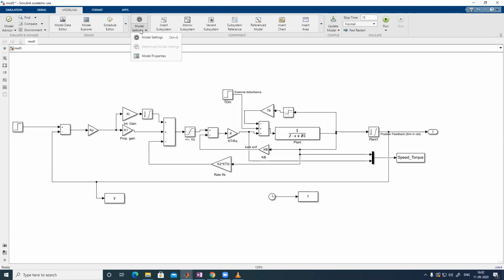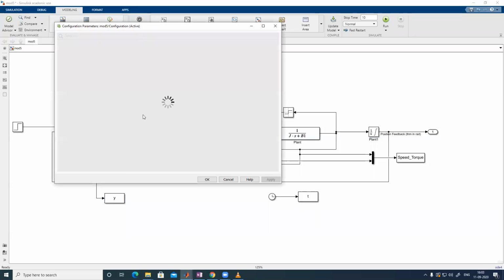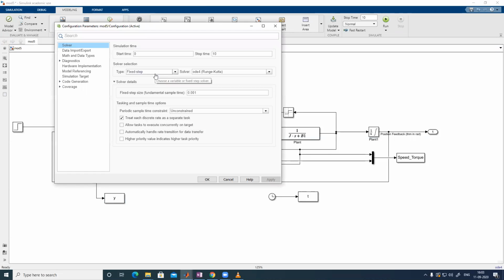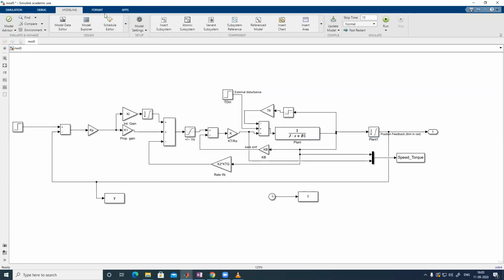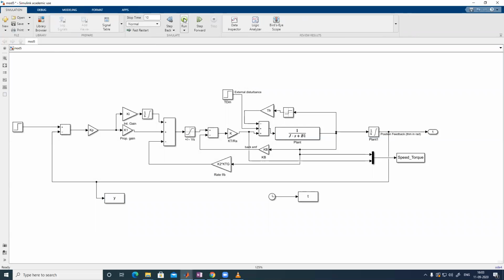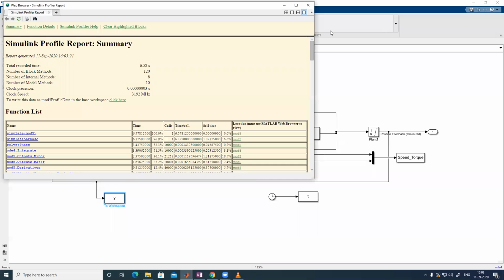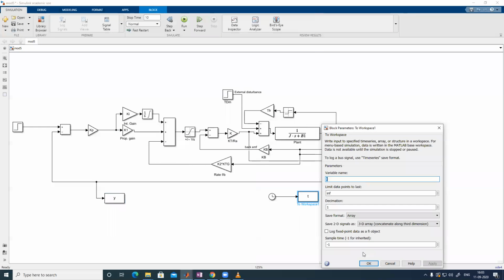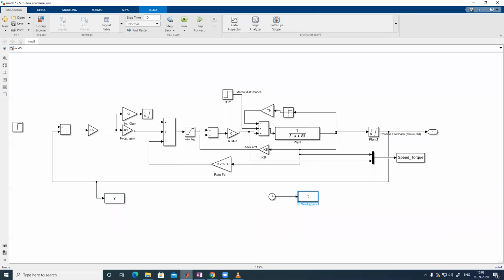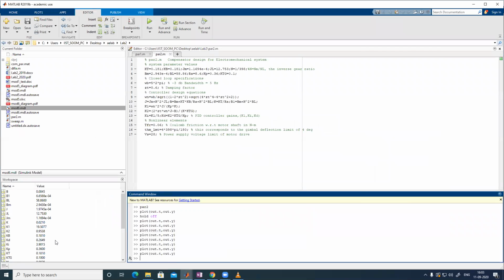In the model settings, model configuration parameters, fixed step ODE, 0.001. This you have to enter. Then you run it. This Y and T will be available in MATLAB, and you have to plot it.